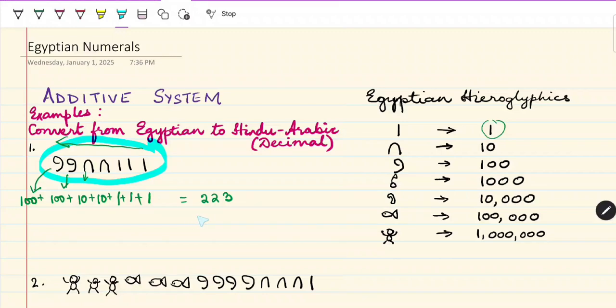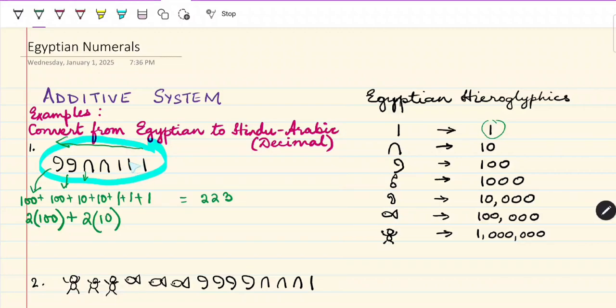223. All right, now when we work with very large numbers, then sometimes it's better to just multiply. So instead of writing 100 plus 100 plus 10 plus 10, since we have two of these scrolls, I'm going to just write it as 2 times 100, plus we have two arches, so 2 times 10 is the value of each arch, so 2 times 10.